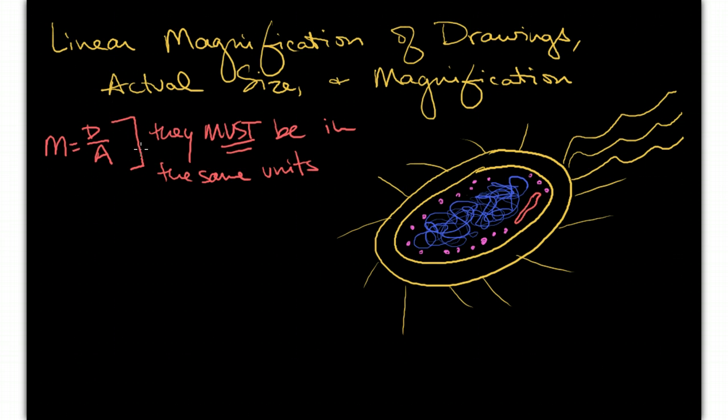So if you were given D in, say, centimeters and actual in micrometers, you're going to have to convert one of those two values to the other unit. You're going to need to practice your dimensional analysis skills. You might also call that unit conversion, or the fences, if you remember that from chemistry, in order to calculate magnification.